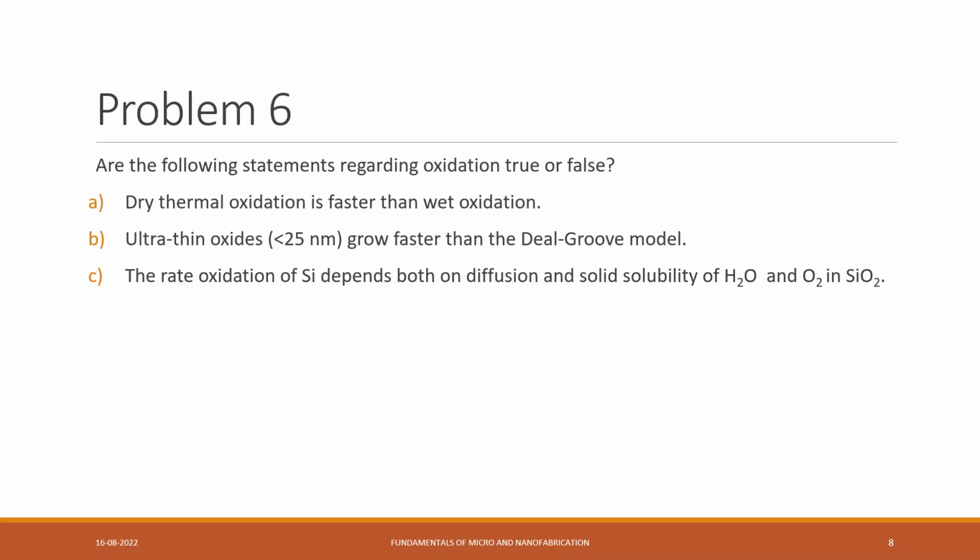So this is a true or false. There are three statements here, and you have to tell true, true, false, false, whatever. All three can be true, all three can be false, any one of them can be true. So yeah.